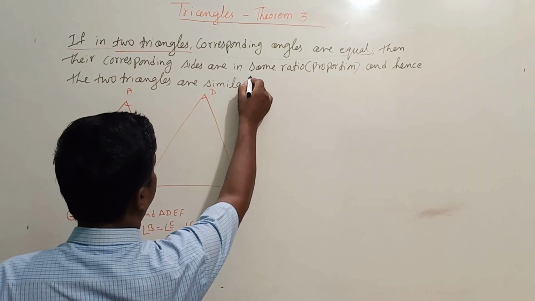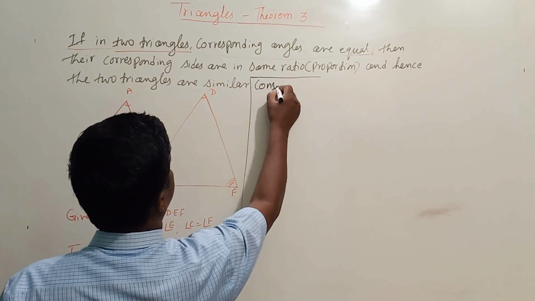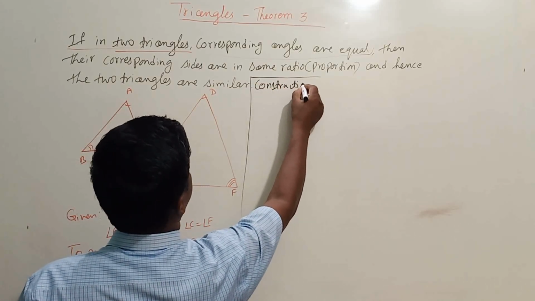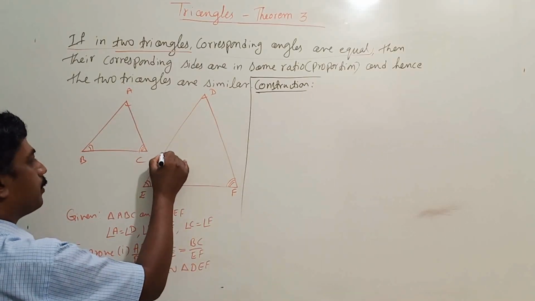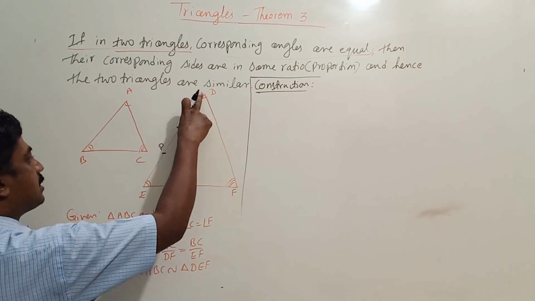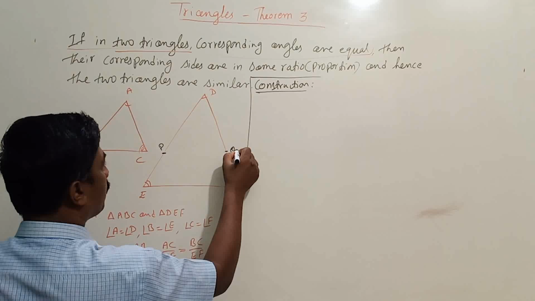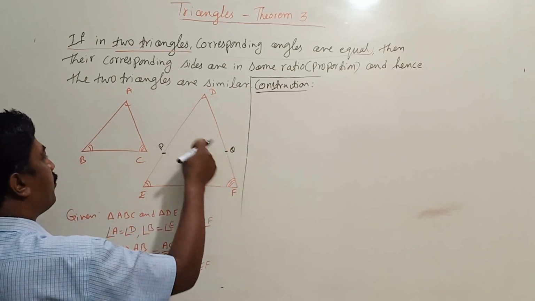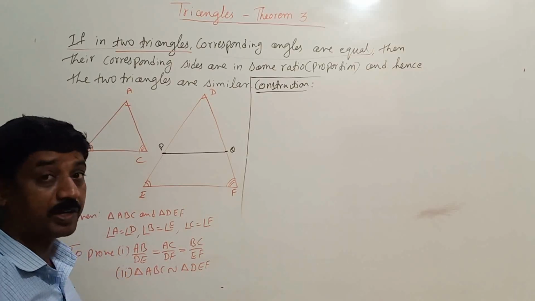I'm going for the construction here. What is that construction? I'm going to take P on DE such that DP is equal to AB. And I'm going to take point Q on DF such that DQ is equal to AC and join PQ. That is the construction.